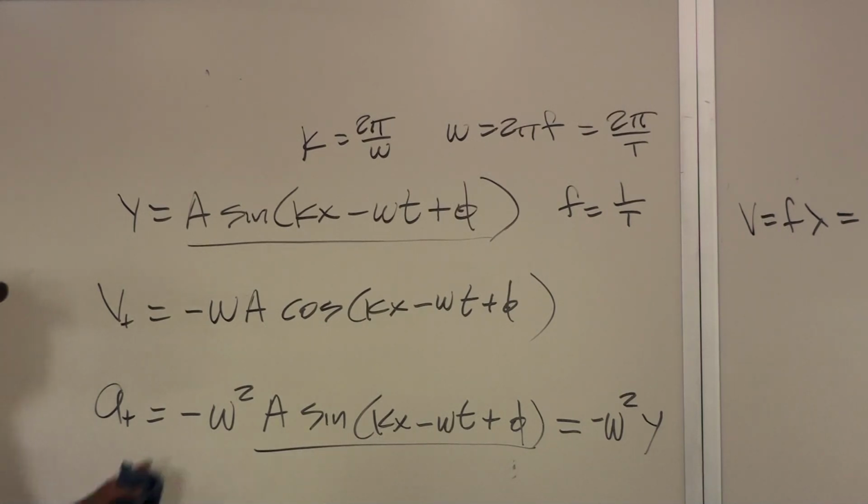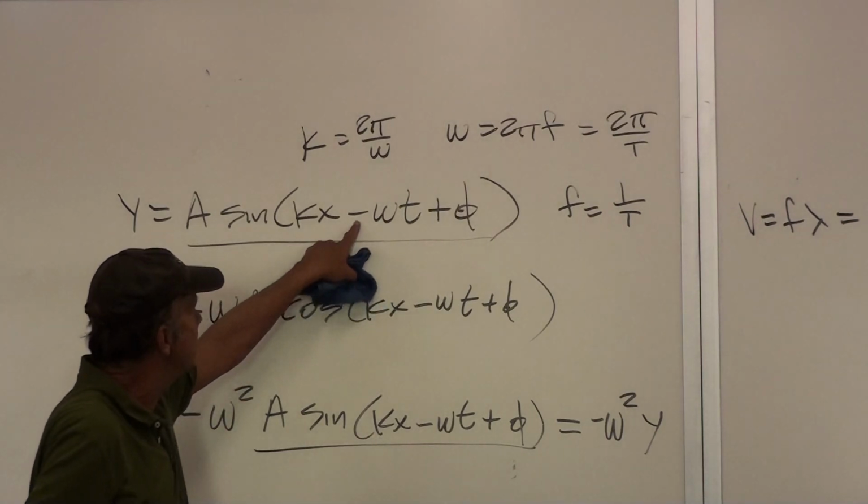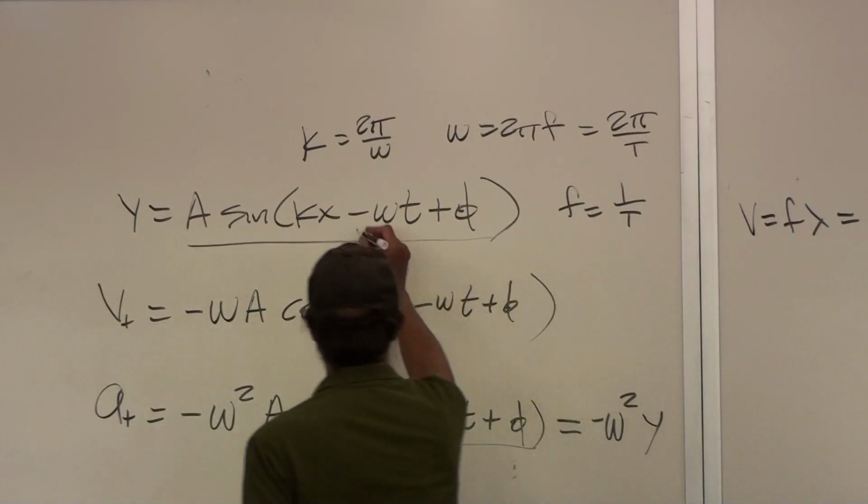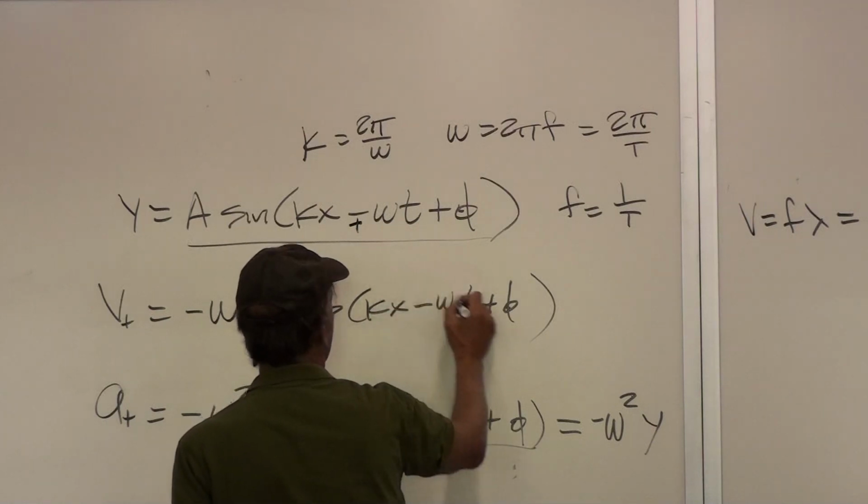Okay. The thing here to keep in mind is that when it's a minus in there, it's motion to the right. When it's a plus, it's motion to the left.